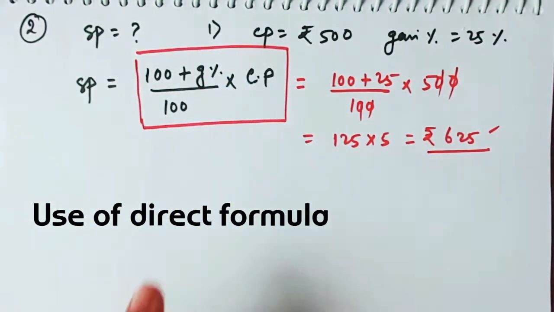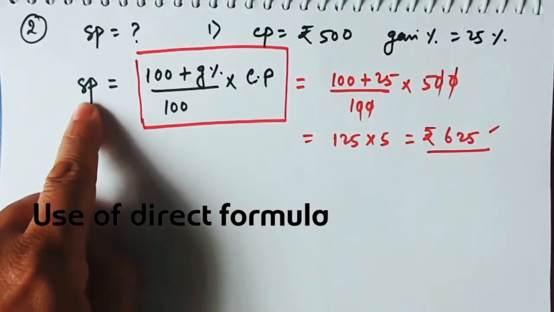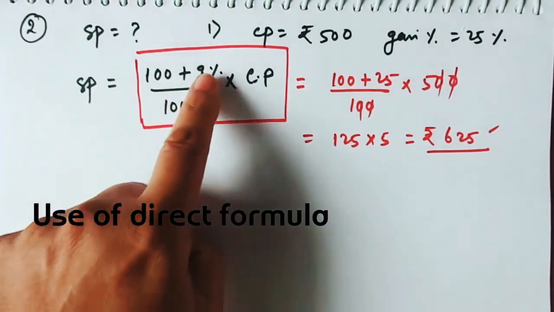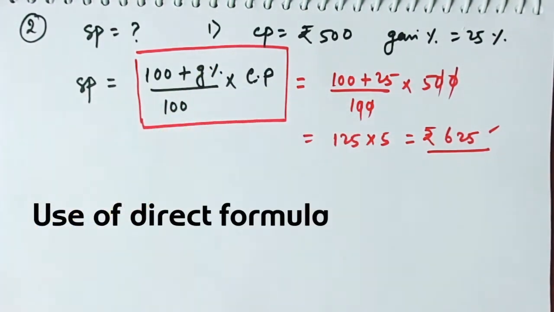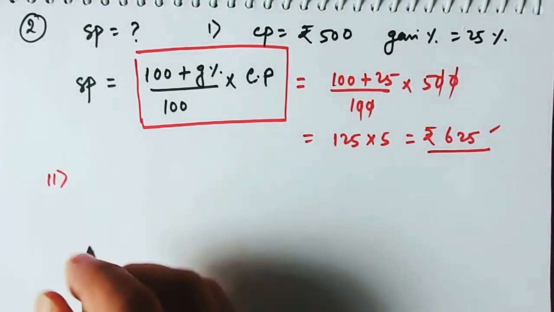Similarly, when you have loss percent given, the selling price will be equal to 100 minus loss percent by 100 into cost price. Very simple. Okay, let us check what the second one says.